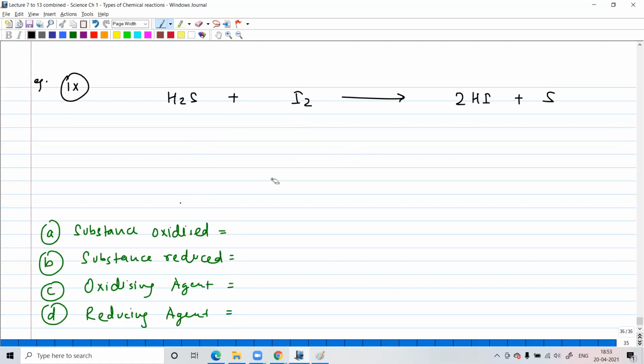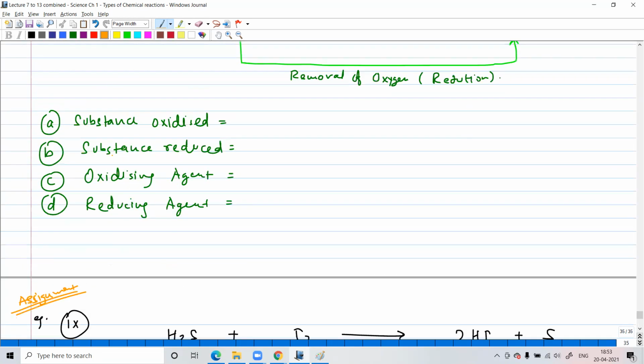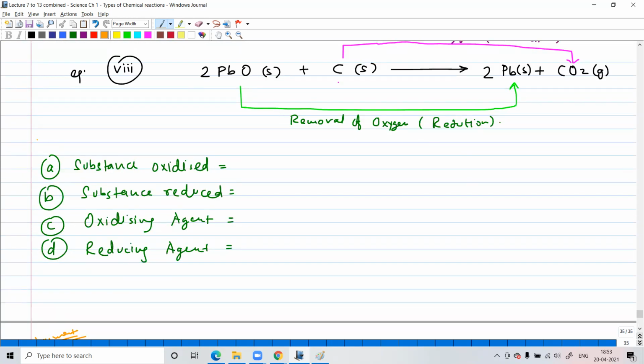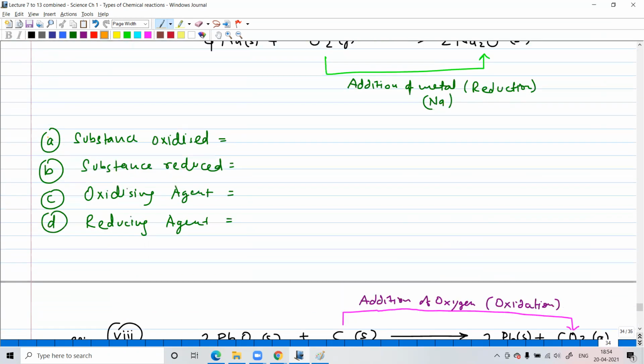So you will fill up all that for this one also. So this is your assignment. This one is also your assignment. Fill up the substances here also.